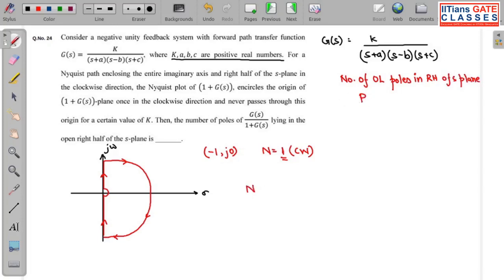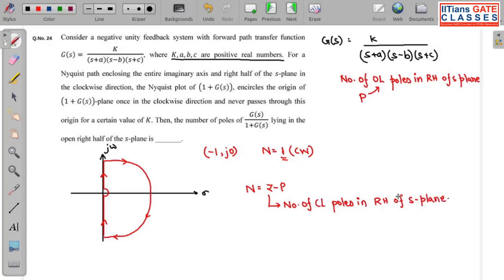If you remember this formula, N is equal to Z minus P, where P I have already written. What is Z? Z is the number of closed loop poles in the right half of S plane.